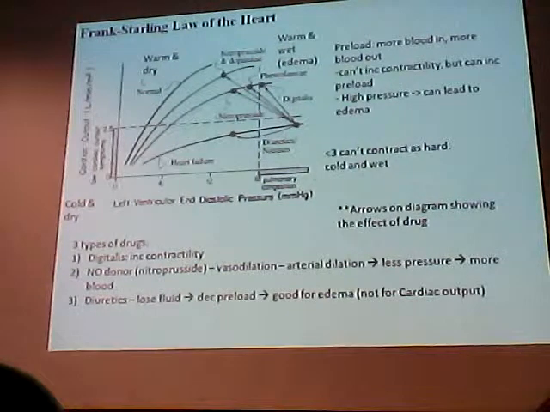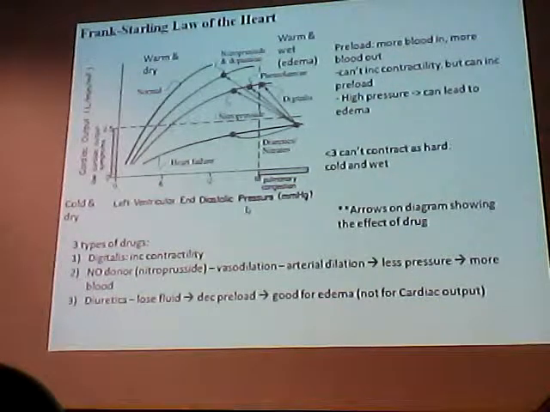So you have this normal, warm and dry. I think he characterized four different ways, either cold or warm versus dry or wet. Warm and dry means the body is warm, you get enough blood, you have a high enough cardiac output, and you're dry enough in that you're not overfilling the heart.